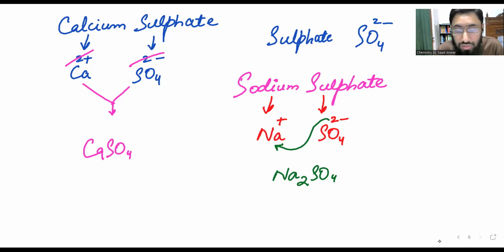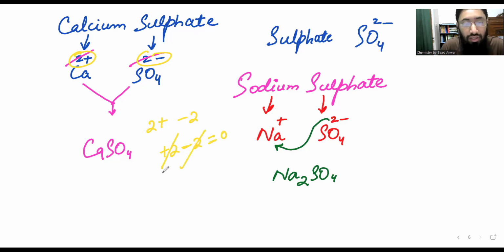Good question. In calcium sulfate, calcium has +2 and sulfate has -2. They both have the same digit, +2 and -2, so the answer will become 0, and we cancel. But in sodium sulfate, sodium has +1 and sulfate has -2.